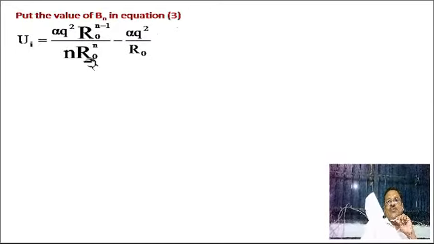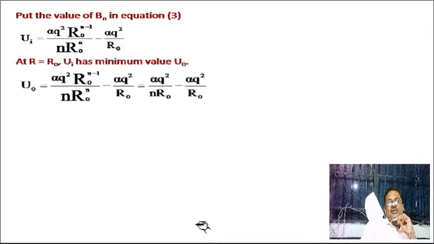Now in RHS, we can take alpha q square upon r0 common, but let it be, afterwards we will do it.